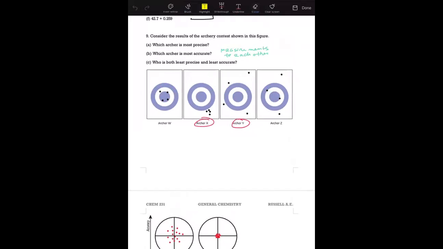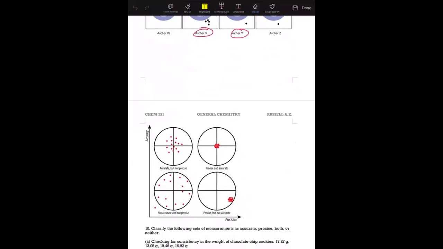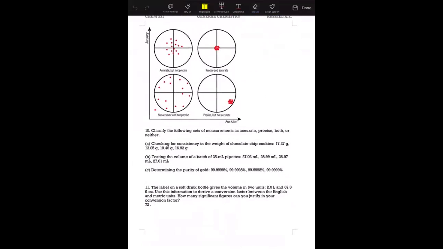Right. So accuracy deals with the closeness of a number to an accepted value, and precision deals with how close numbers are together. So this is another depiction of that, where you have this as accurate and precise, where the accepted value is the middle of the bullseye, and you have numbers that are very close together to each other, and they hit that bullseye pretty close too.